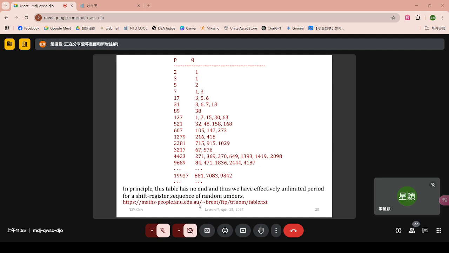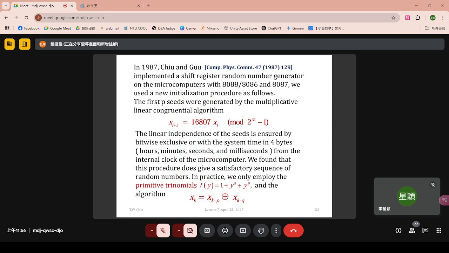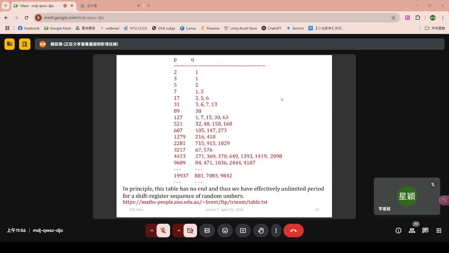You can look up this table of primitive trinomials, which has been getting longer and longer.